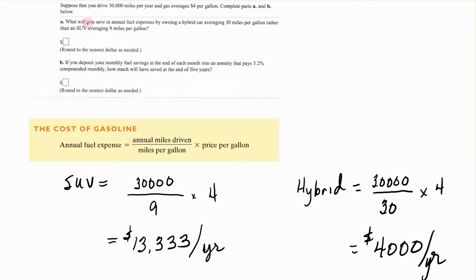All right. What will you save in annual fuel expense by owning a hybrid? Okay. How much you will save will be the difference between these two.